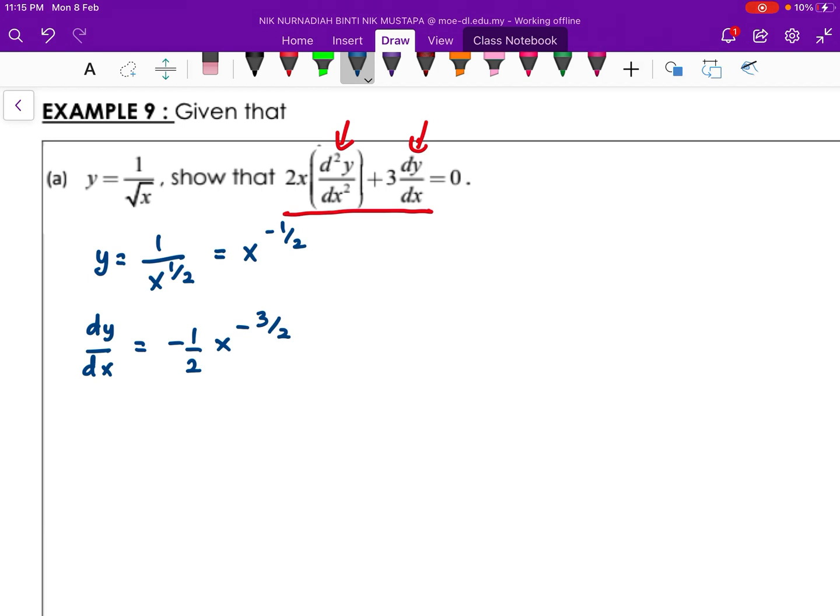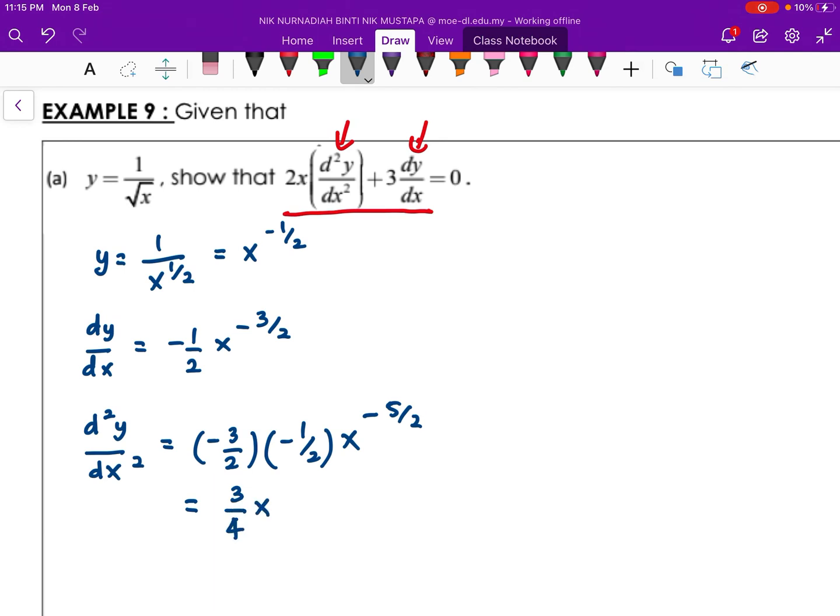Okay, so that's our dy dx, and then our d2y over dx square is equal to, okay, bring down power, we have negative 3/2 multiplied by negative 1/2 x to the power of negative 3/2 minus 1. So it will become negative 5/2. Alright, so this one is 3/4 x to the power of negative 5/2.